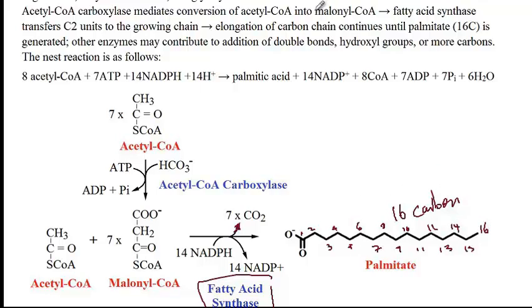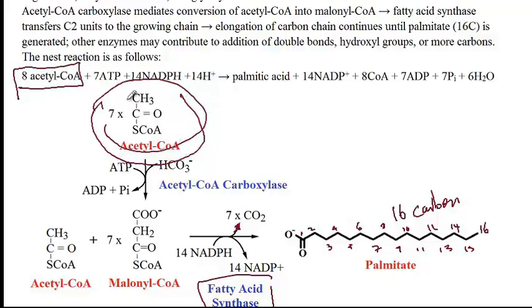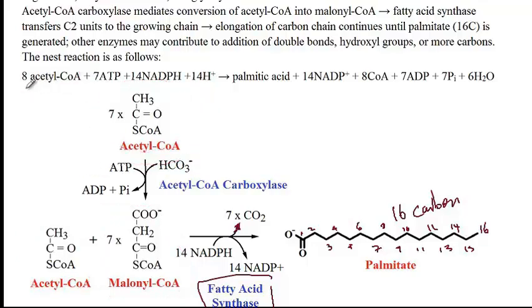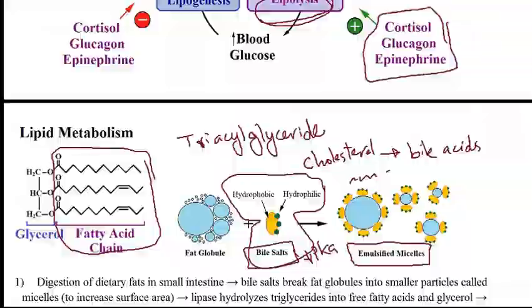Now throughout this whole process, we can summarize the net reaction as 8 acetyl coenzyme A. Here we had 7 acetyl coenzyme A converting to 7 malonyl, and then here is the 8th one. So the net reaction is 8 acetyl coenzyme A combining with 7 ATP and 14 NADPH gives rise to palmitic acid, which is a 16-carbon chain.